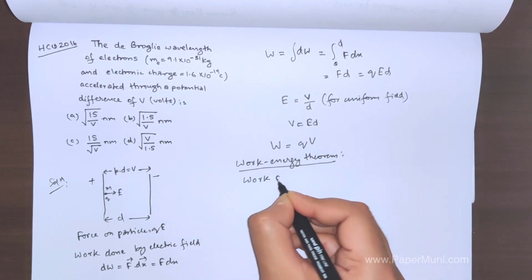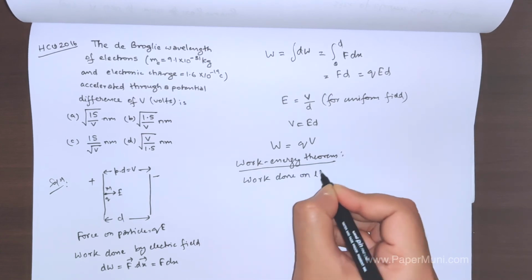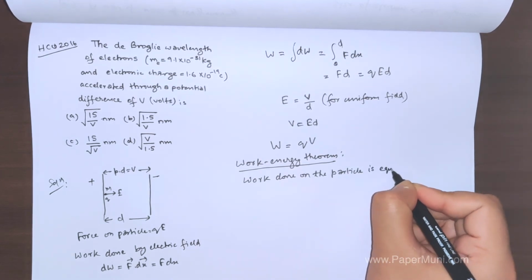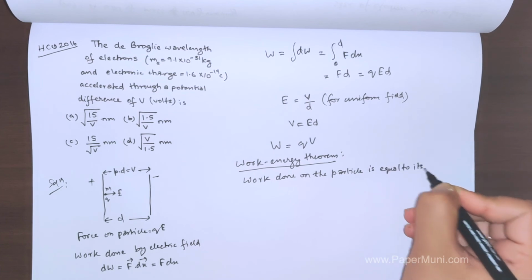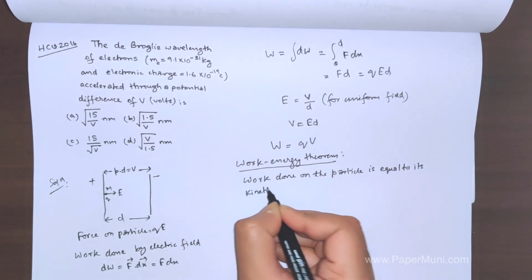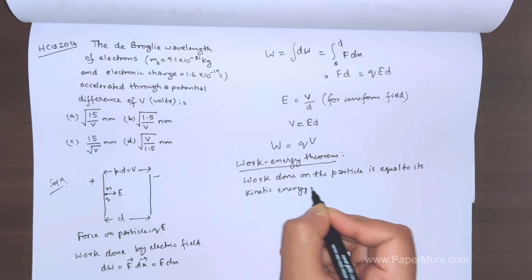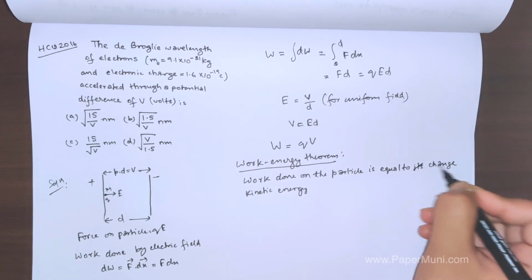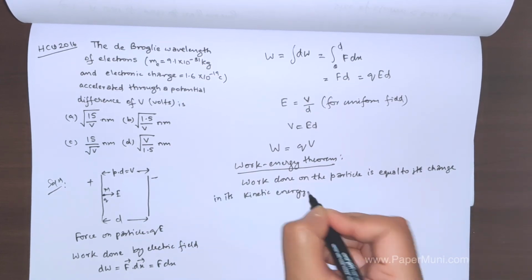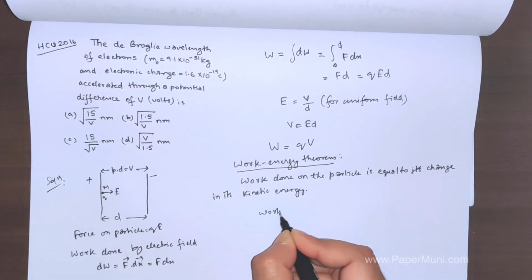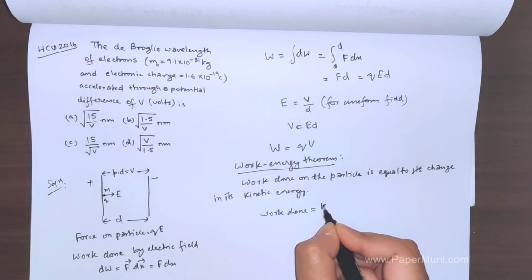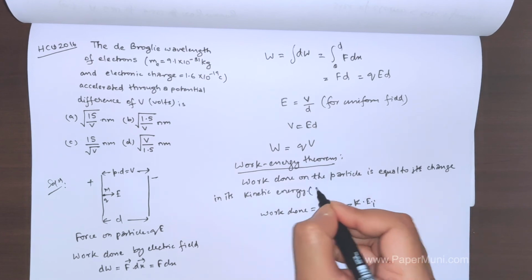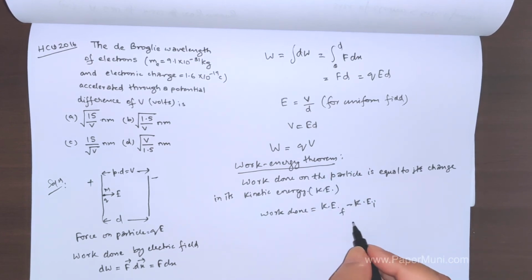Mathematically, we can write KE final minus KE initial, where we are using the abbreviation KE for kinetic energy.